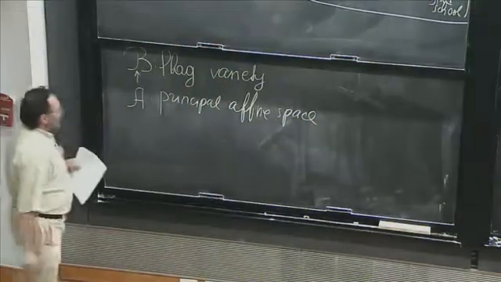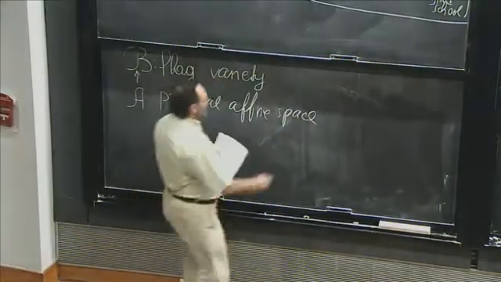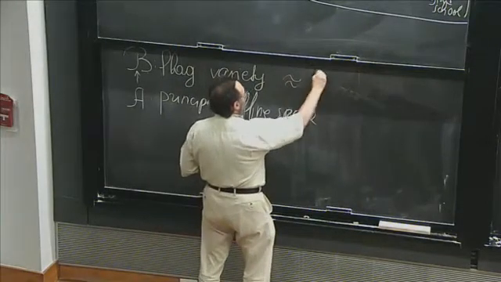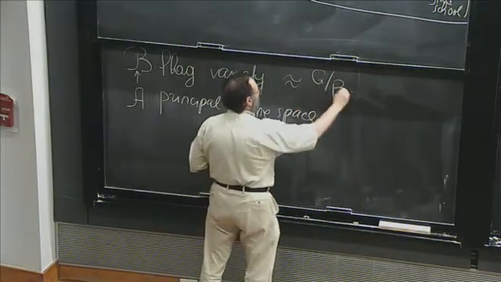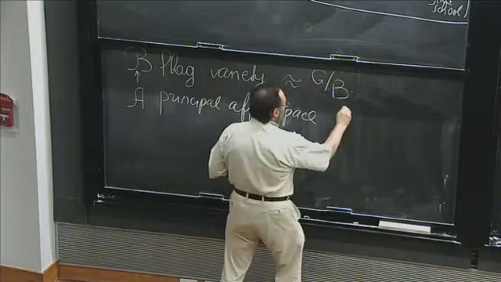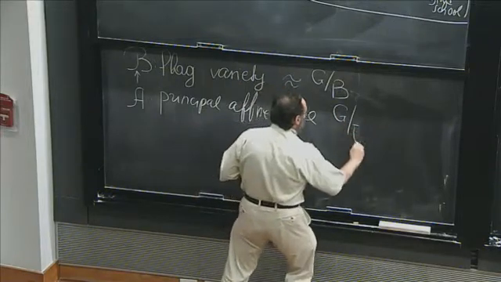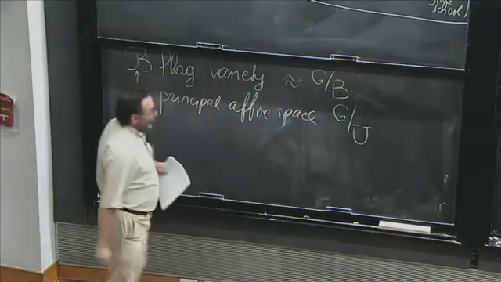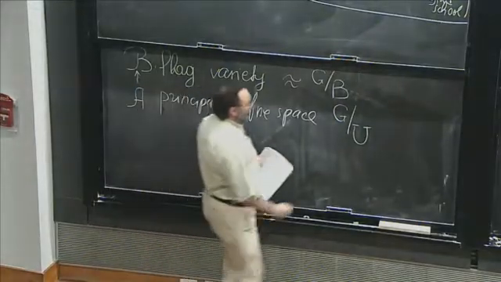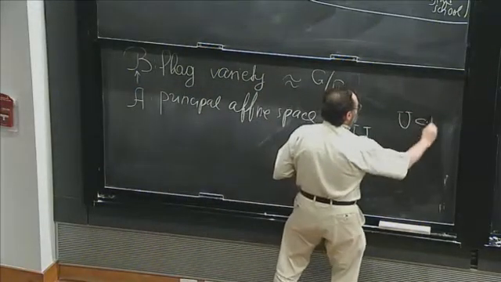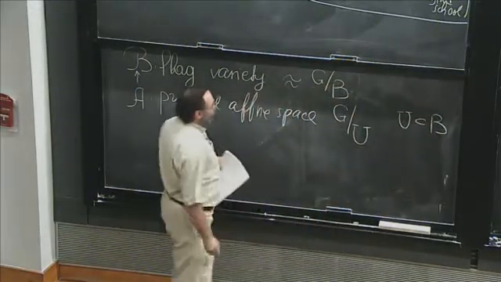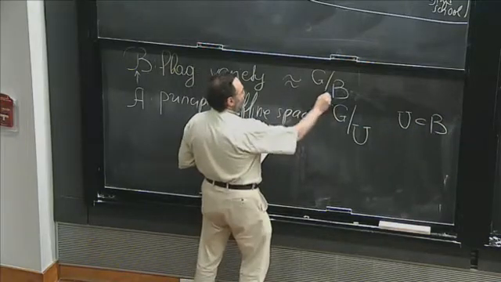Now, the flag variety can be written, not canonically, if you choose a Borel subgroup, as G mod B. The principal affine space can be written, not canonically, if you choose a Borel subgroup again, as G mod U, where U is a maximal unipotent sitting in B. And so, obviously, by definition, you have a projection from here to here.